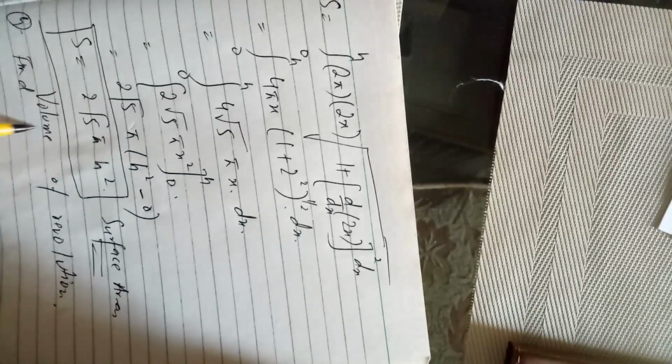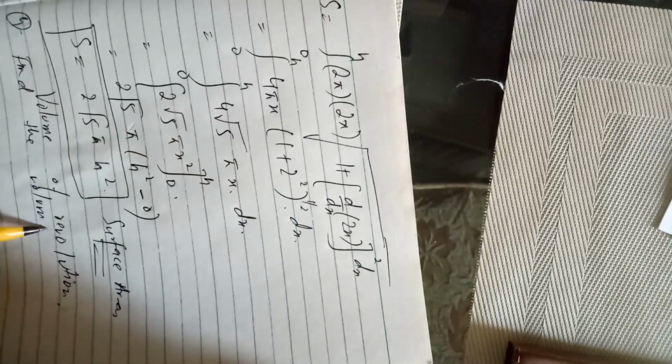Volume of revolution: find the volume of a cone enclosed by the surface formed by rotating about the x-axis the line y is equal to 2x between x is equal to 0 and x is equal to h.